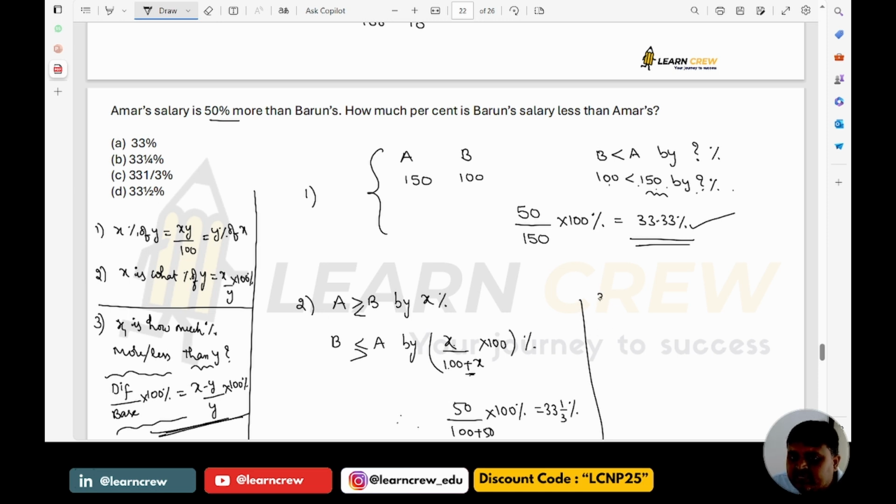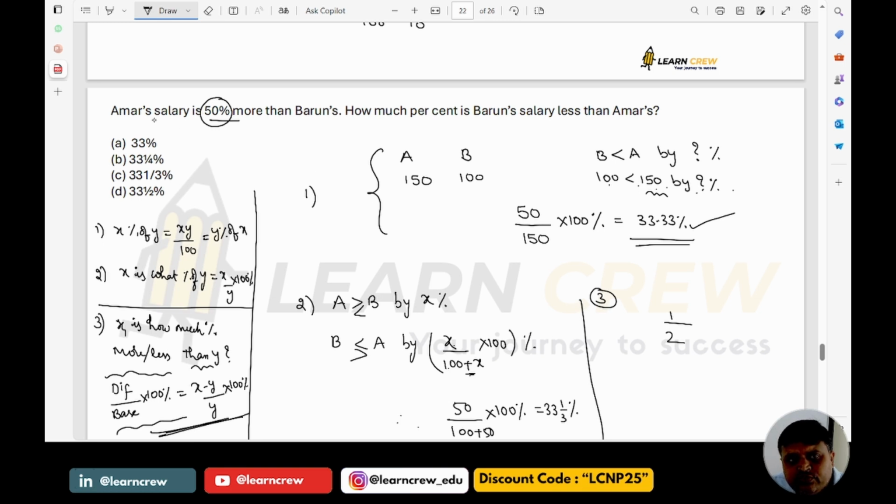And third method, a shortcut. When the question is asked in this way, like a number is more or less than the other number by so and so percentage, the second number is less or more than the first number by how much? Then direct shortcut. First write the fractional value of the percentage. 50 percentage means 1 by 2.